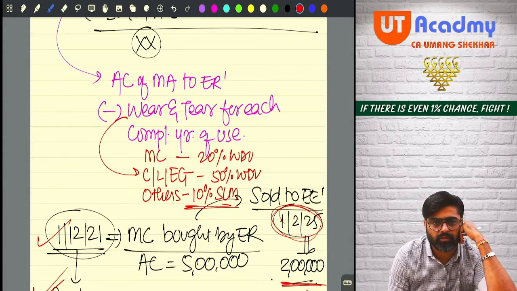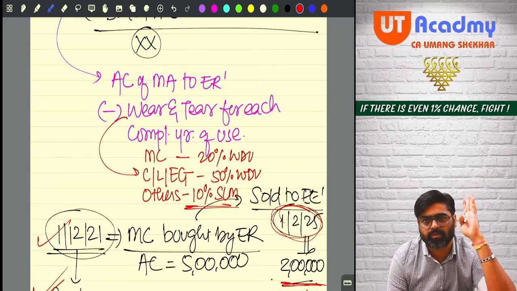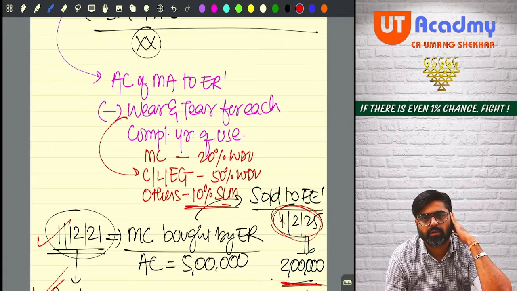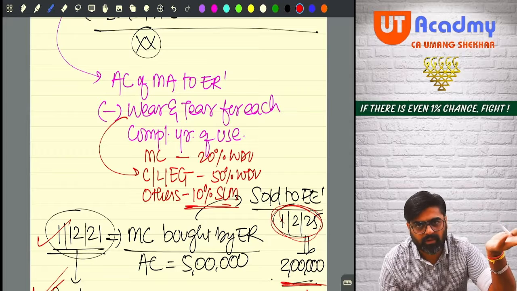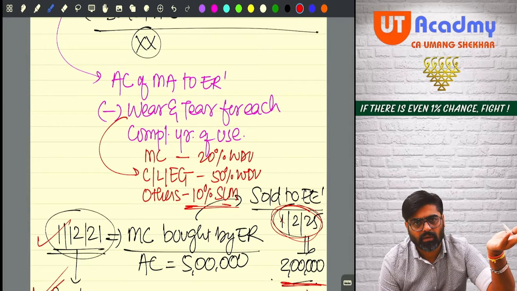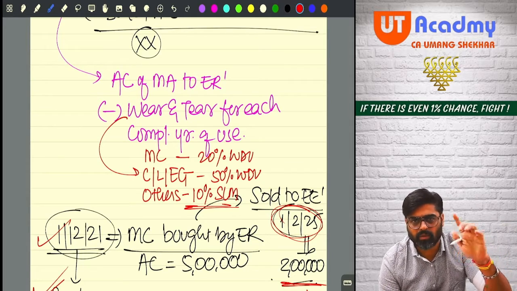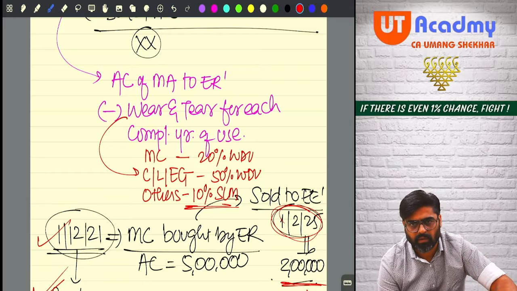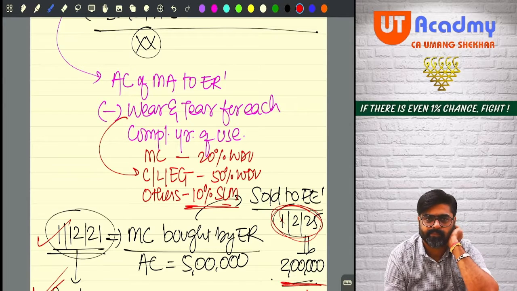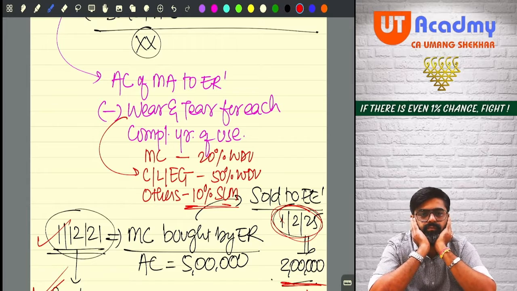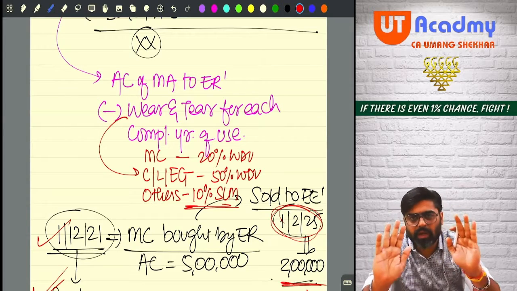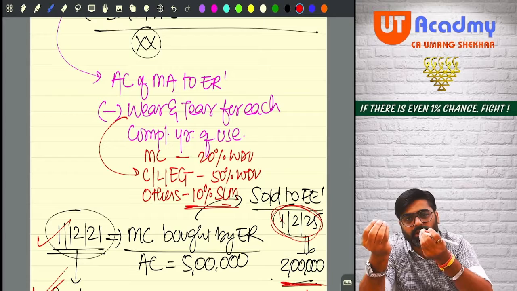What if it is not a depreciable asset? All the movable assets are depreciable only, Kaushik. How can you say it is not a depreciable asset? All the assets which are used in the business will be depreciated only. I cannot hear you. You will have to type only. So we are talking about those assets which are depreciable.